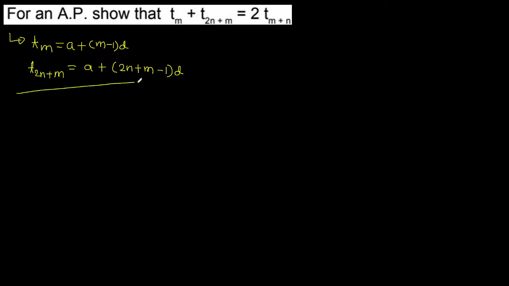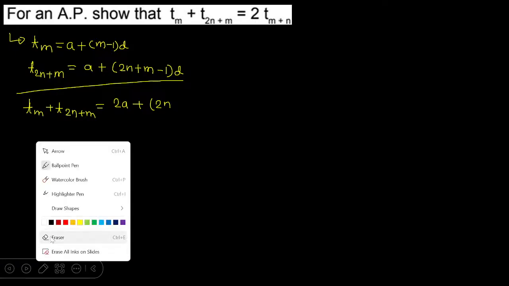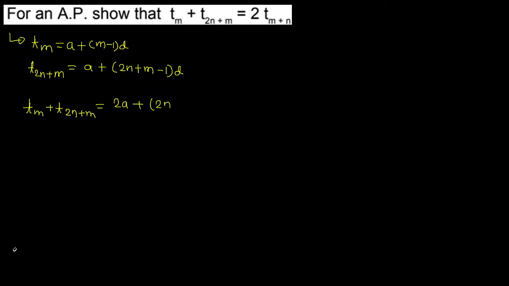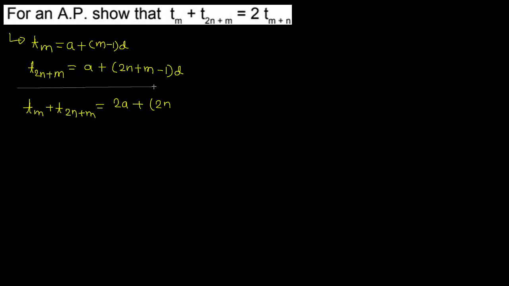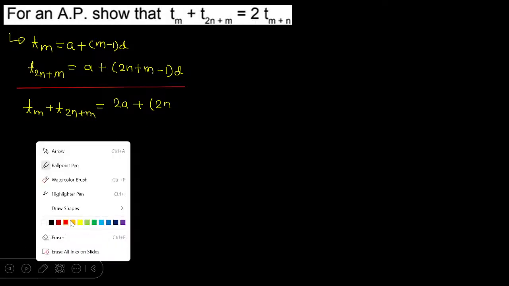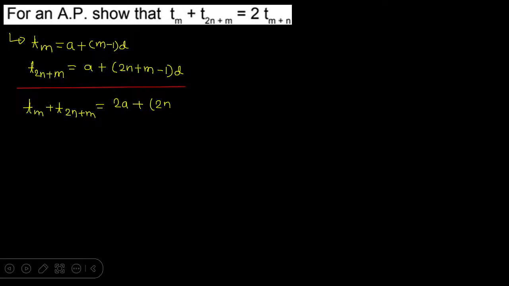Add both of them. This is Tm plus T(2n plus m). This is 2a plus 2n minus 2 into d.